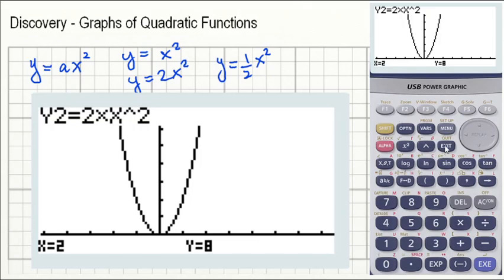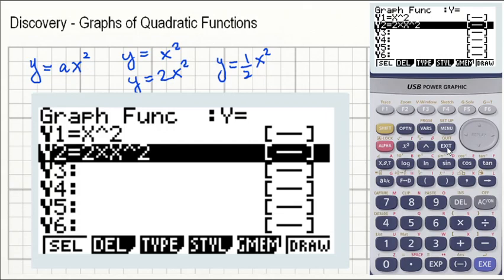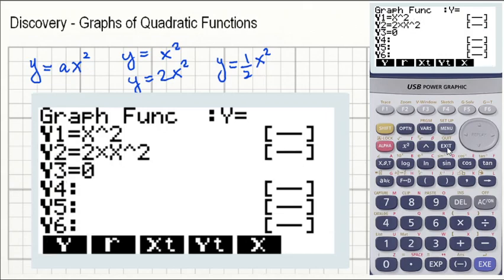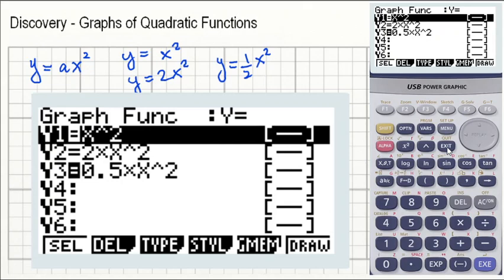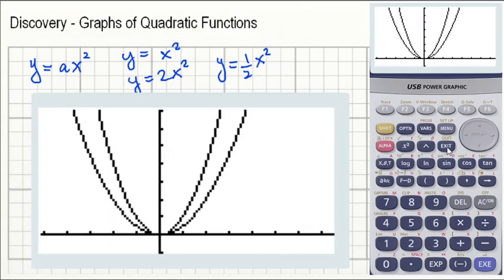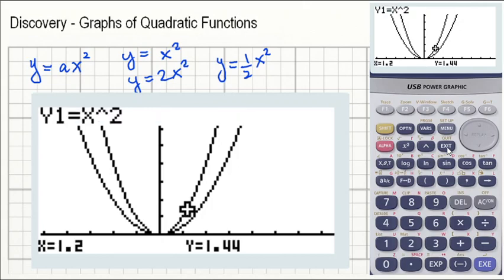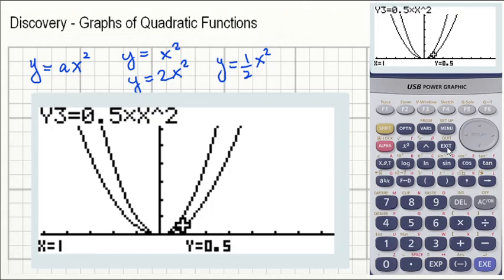Now what if, instead of 2, I divided by 2? So let's try it. So 0.5, or you could just type a half, multiplied by x squared. And yeah, let's plot the first one and the third one. It's also stretched, but in this case it seems to be stretched outwards. And if we trace this function, we'll see that it's basically the one before, but half the height.